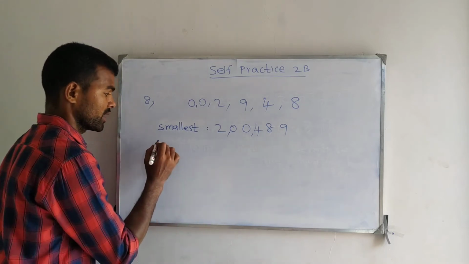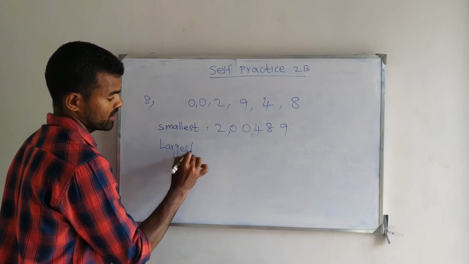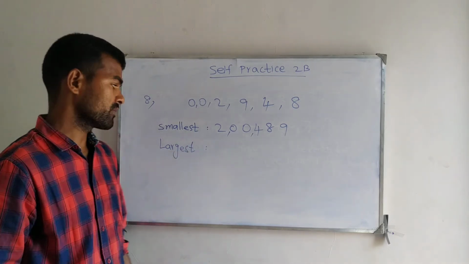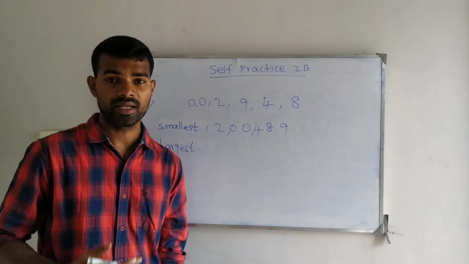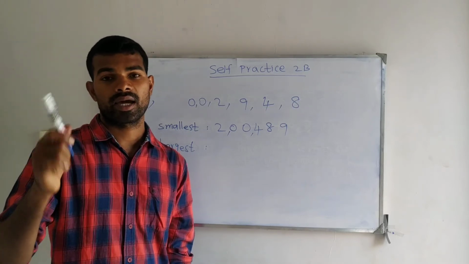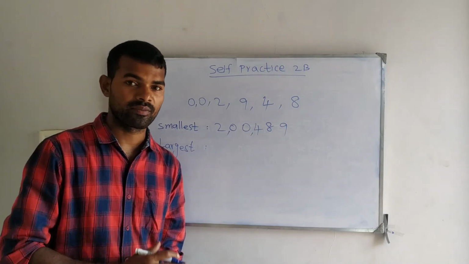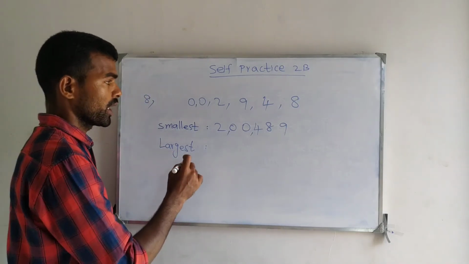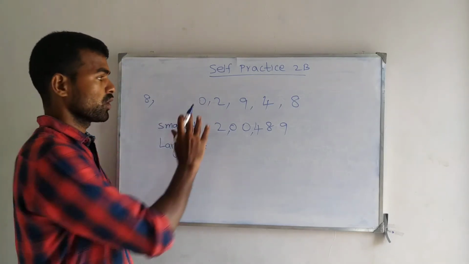Next we have to form the largest number. Largest or greatest number. To form the largest number, what is the method? Arrange the numbers in descending order: 9, 8, 7, 6, like that, coming down one by one. Here the given digits are only 5.